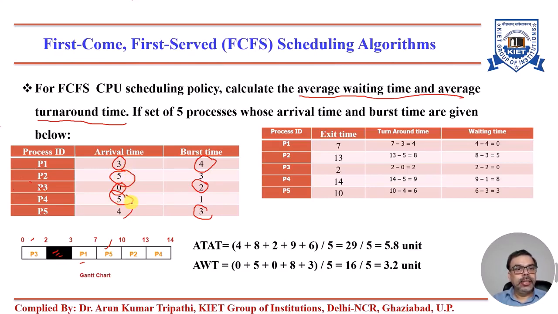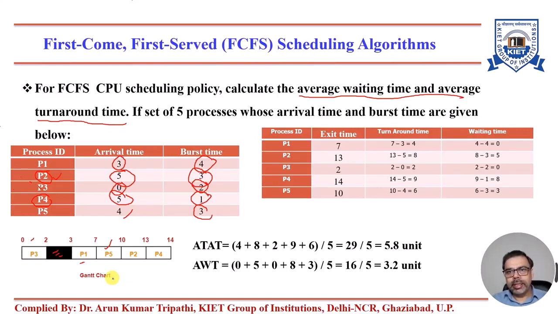Here is a tie, so we will consider the process with the least number. Between P4 and P2, P2 has the least number, so it will be taken into consideration, and it will execute for 3 units of time, and then at last P4 for 1 unit of time. So this is the Gantt chart. Now, how can we calculate the average?